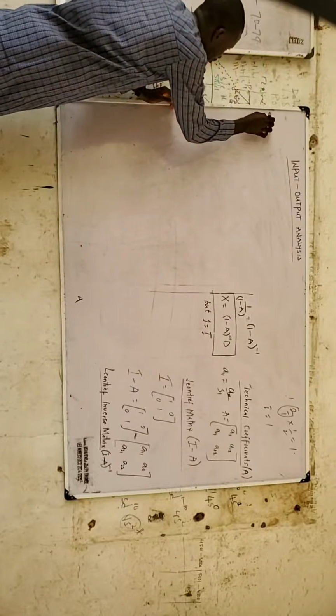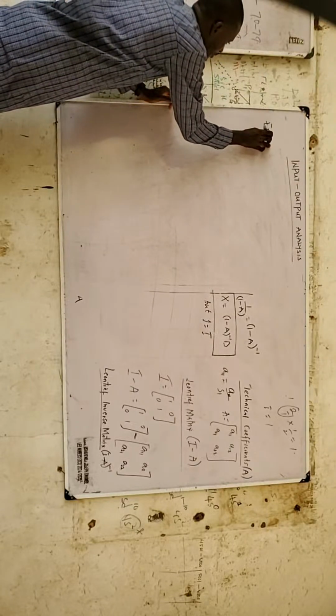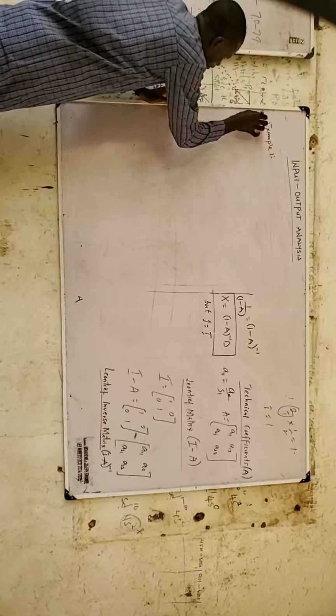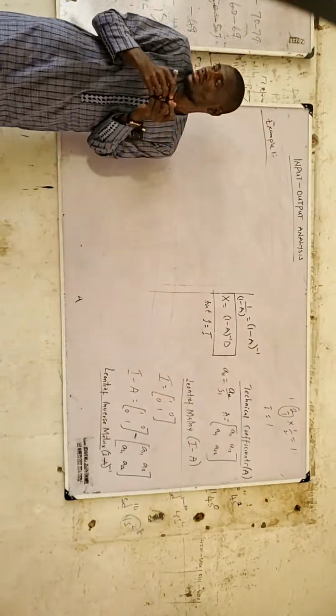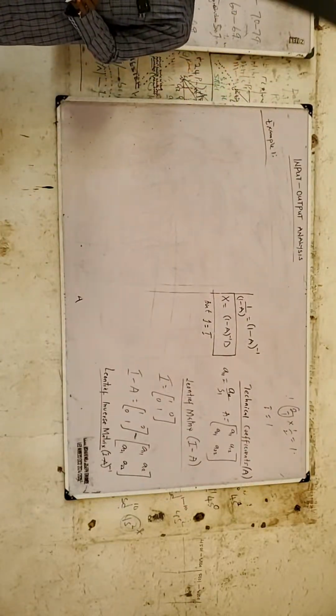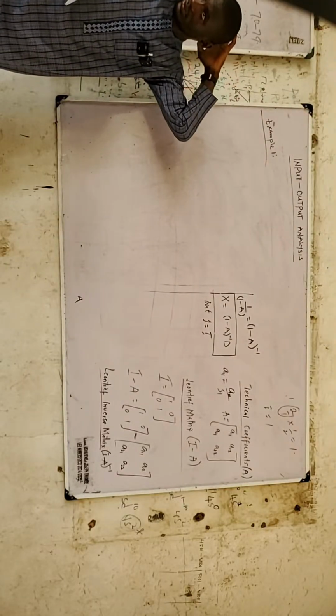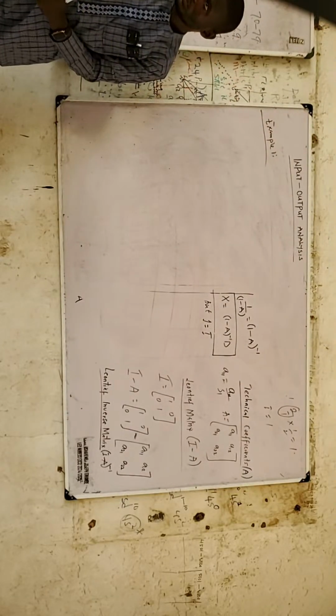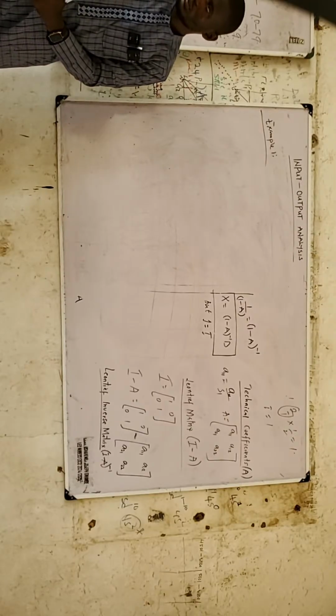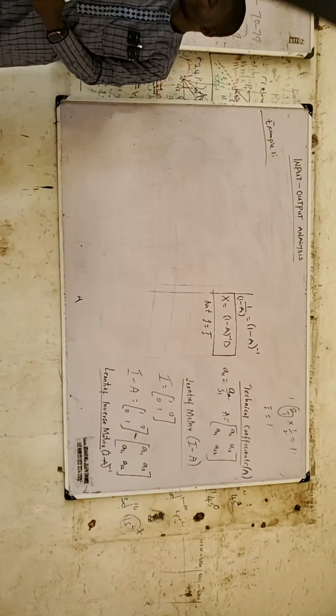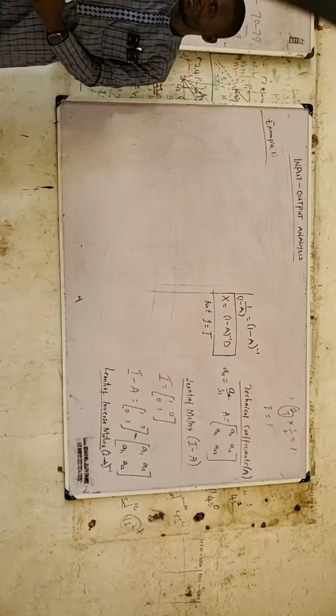For example 1. The input coefficient matrix A and the final demand vector D from an economy with 3 sectors are given below. Let's start with 2 sectors, then we move to 3 sectors.